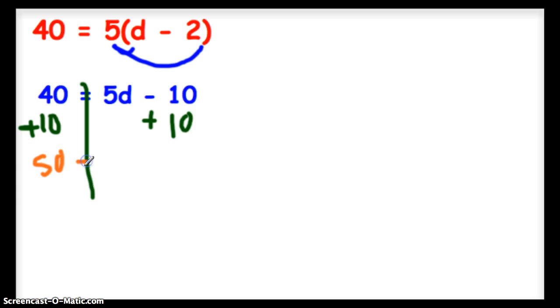So 50 equals 5d. To undo multiplication by 5, we're going to divide both sides by 5. Dividing both sides by 5, we are left with d equaling a positive 10.